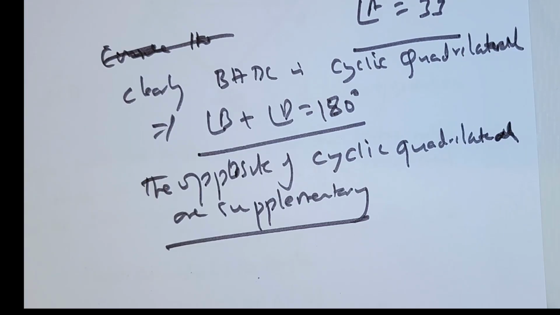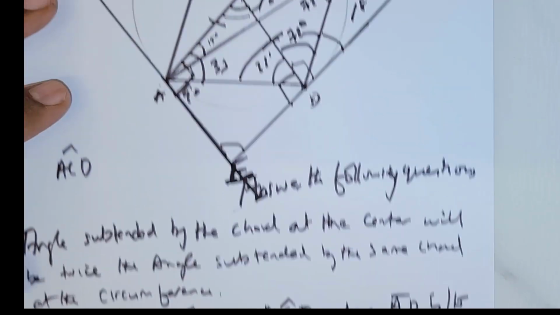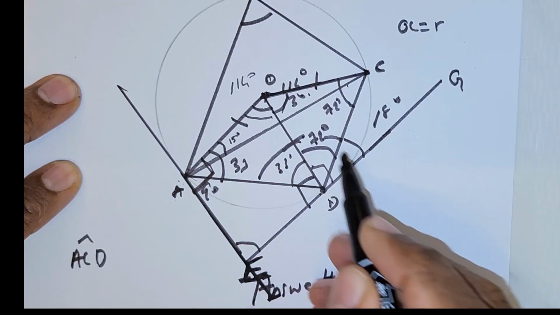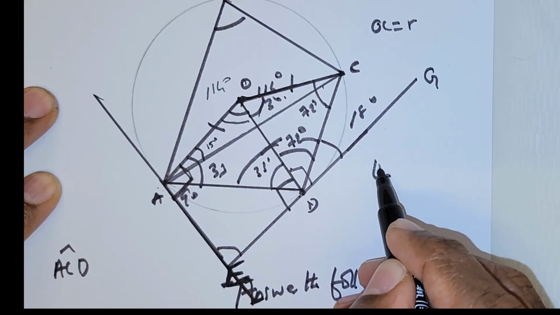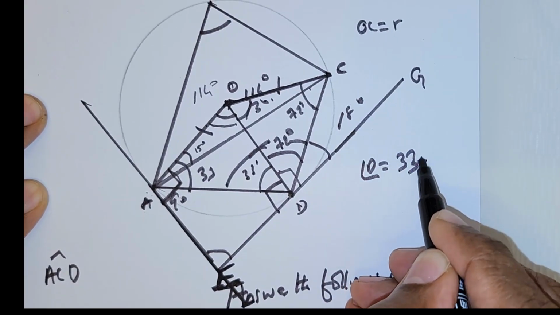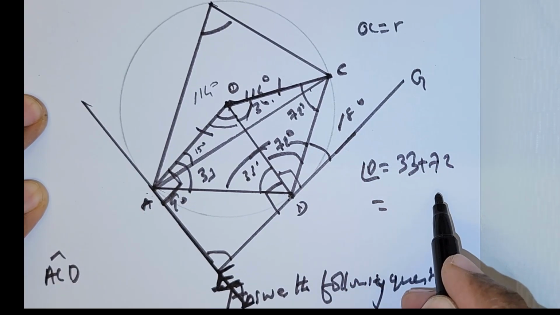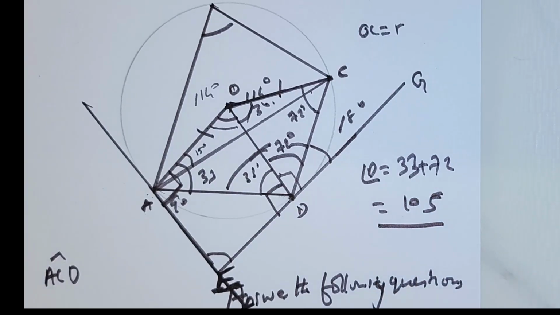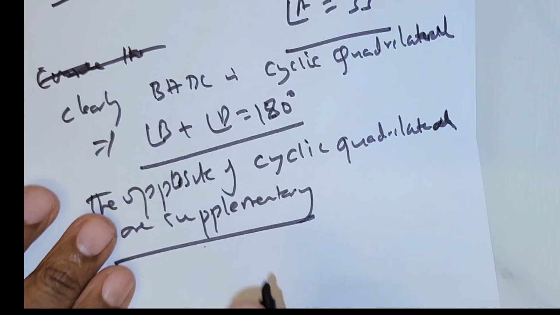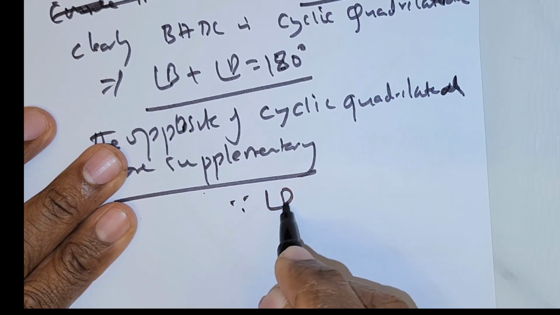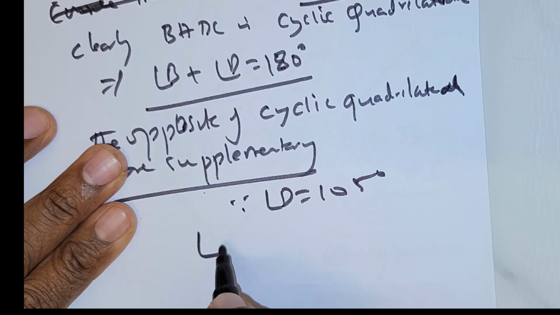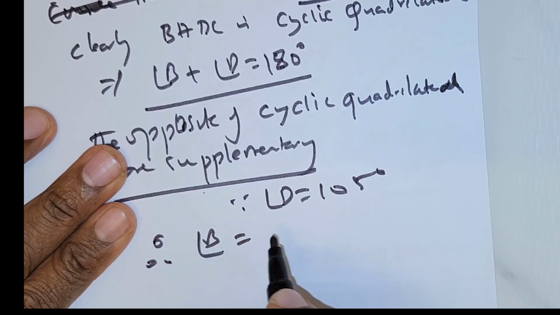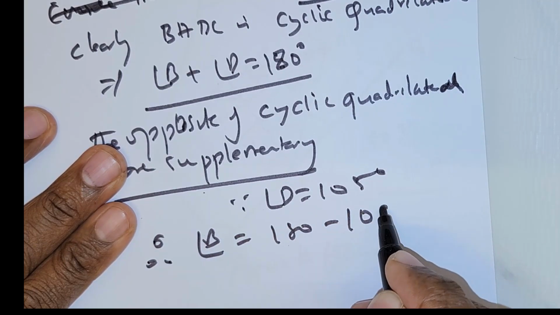But what is angle D? See, this is 33 and this is 72. So angle D is 33 plus 72. What do you get here? 105 degrees. So since angle D is 105 degrees, angle B is 180 minus 105.